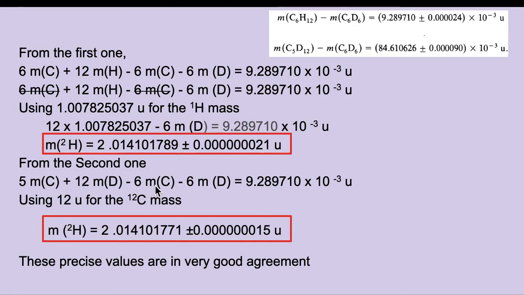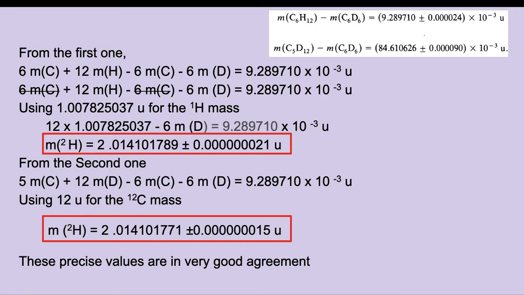Here you have minus C, and this 12 minus 6 you will be getting as 6. So this 12 can go to this side, so 12 plus this value, and when you divide that by 6, you will be getting this number. And these precise values are in very good agreement. You can see both values are nearly the same.